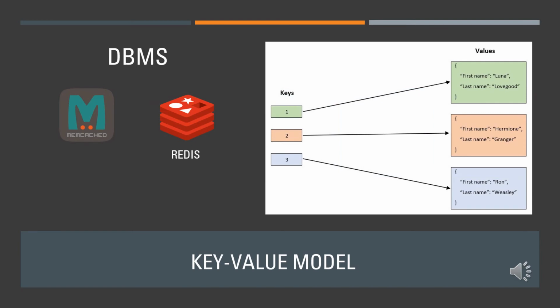Another type of non-relational database is the key value model, where each value is associated with a specific key as an associative array. The important notion of this model is that the key should be a unique identifier. But as for the value, it can be any data type allowed by the DBMS.